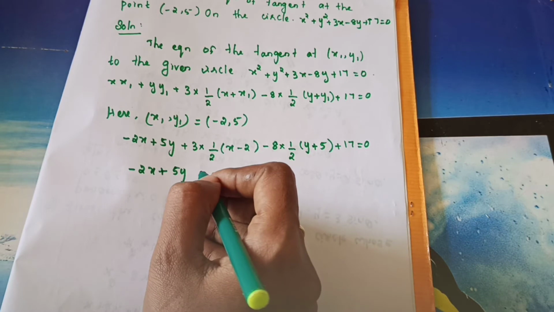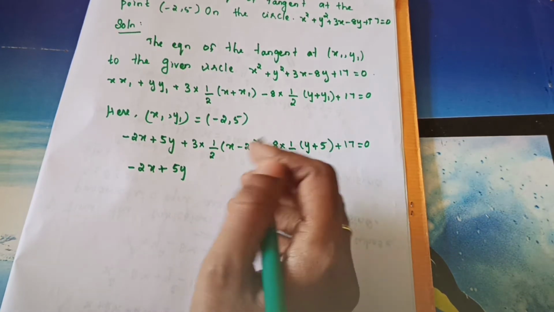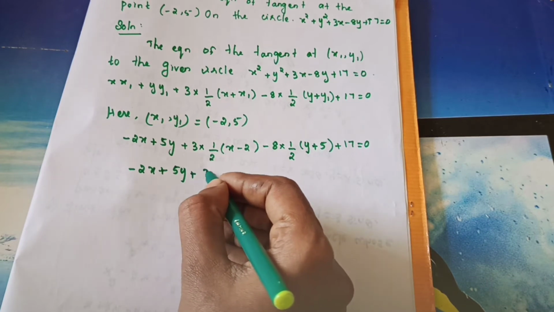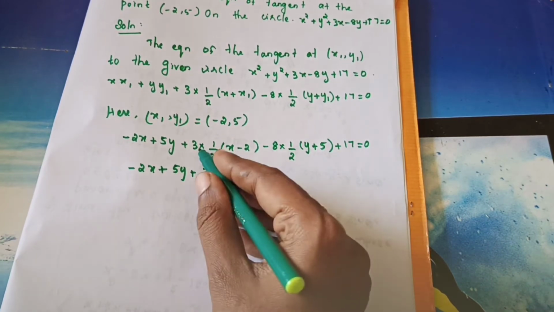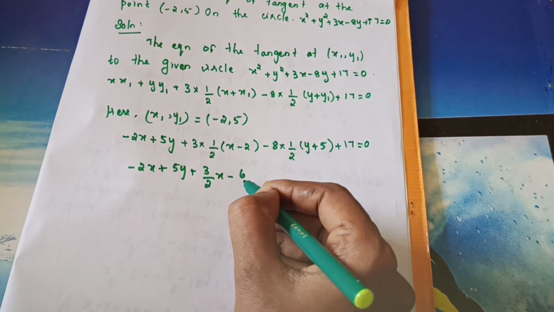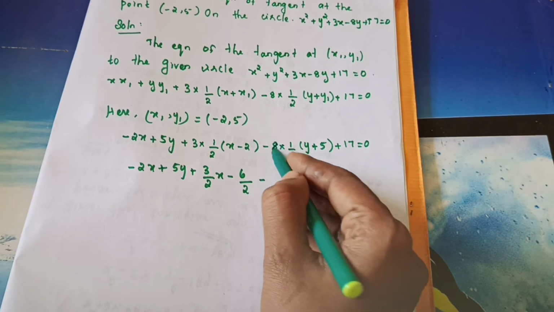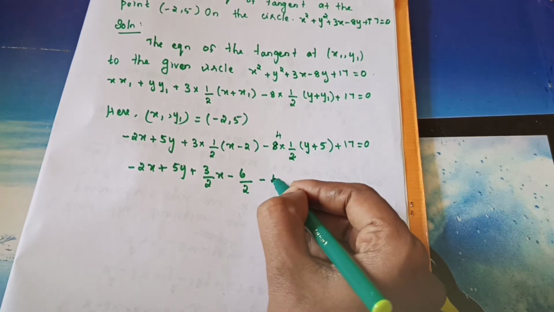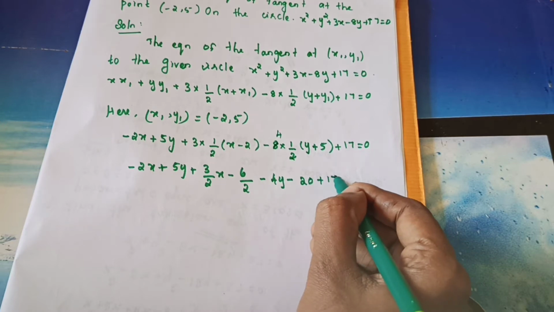We are going to simplify this. Multiply this first. So 3 by 2 into x, minus 3 into 2, so 6 by 2. Then minus, here shall we cancel? So it is 4. So minus 4y minus 20 plus 17 is equal to 0.